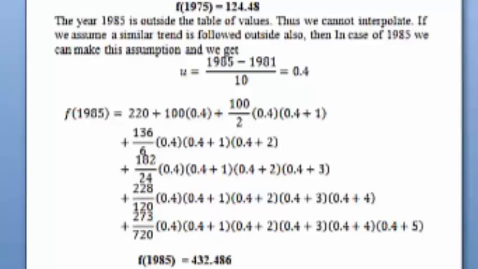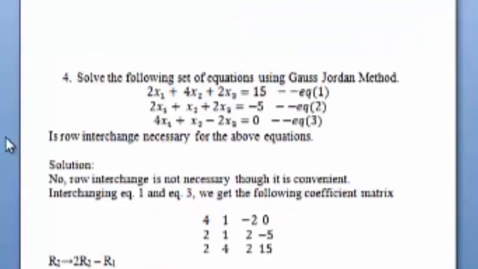Now moving on to the last question, where we are given a set of equations, equations 1, 2 and 3, and by using the Gauss-Jordan method, we have to find the values of x1, x2 and x3. For that, first of all we are interchanging equations 1 and 3 and making a coefficient matrix of that.